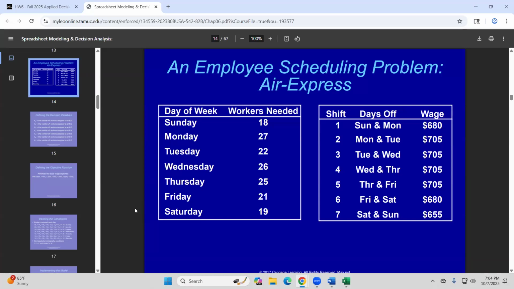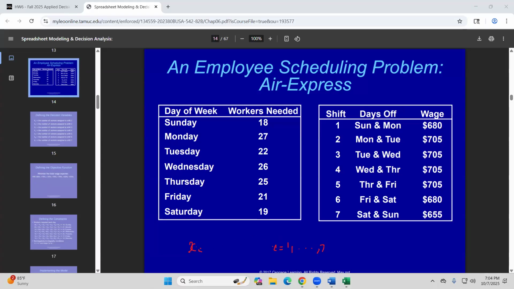For each shift, right? So the number of workers for each shift. So you can define xi as the number of employees needed for each shift, where i is from 1 to 7.